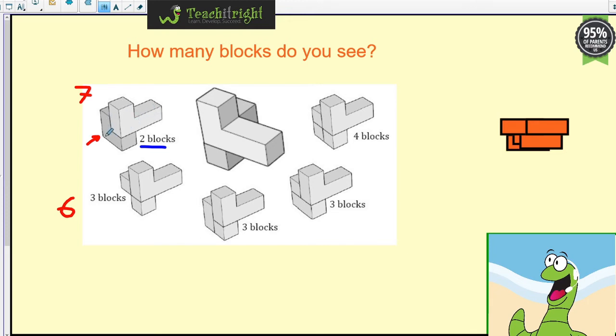Well, I would call this a 3L, because it's made up of 1, 2, 3 cubes. And I would call this one here a 4L block. Why? Because it's made up of 1, 2, 3, 4.